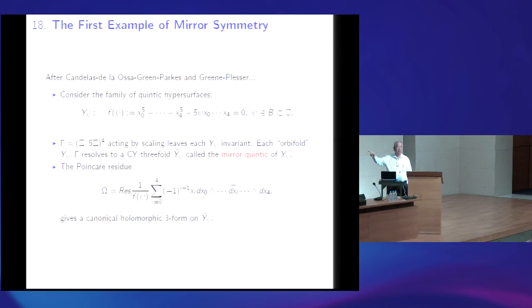This is the canonical holomorphic form. That's all we are trying to say. We can generalize it to the more general case. I didn't quite catch your question. This omega is a canonical holomorphic form on Y tilde. We generalize this to a more general case.